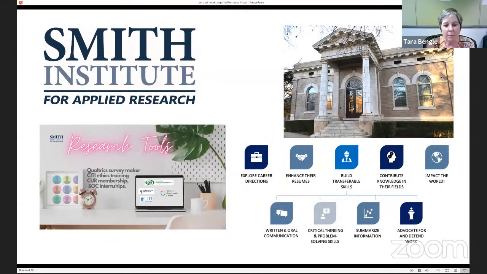So a little bit about Smith Institute before we get started. Smith Institute exists to really enhance undergraduate research across our campus at Johnson C. Smith. So this means for all students from all backgrounds, all disciplines. We want you all to have opportunities to engage in research and creative works as well. So we offer several different resources to help students.